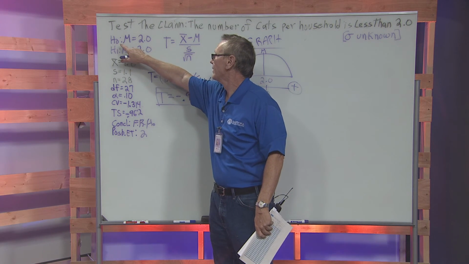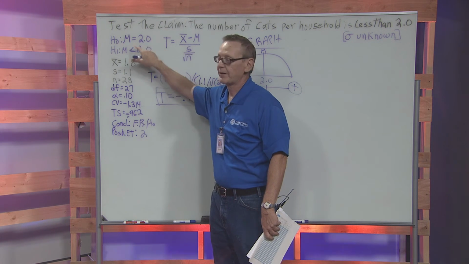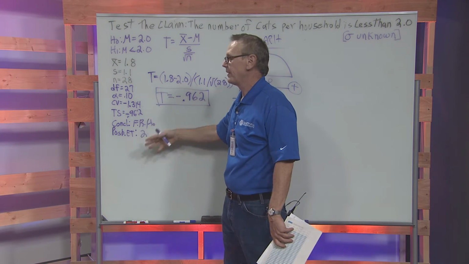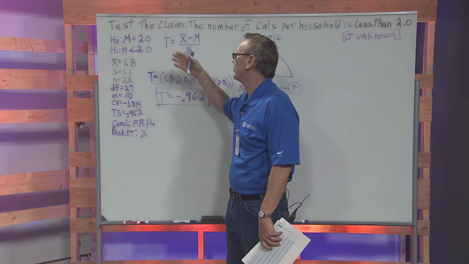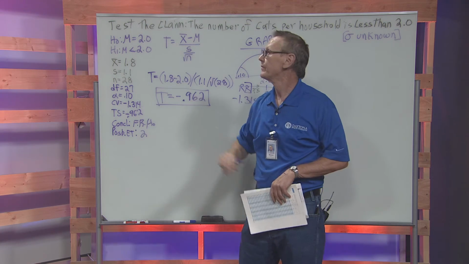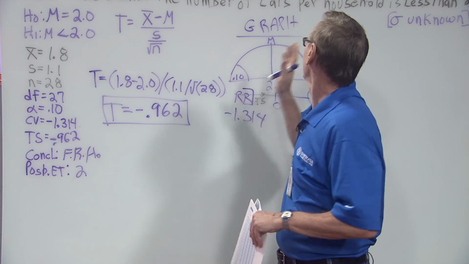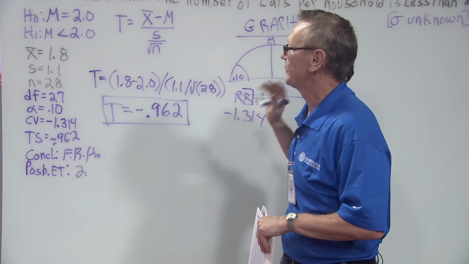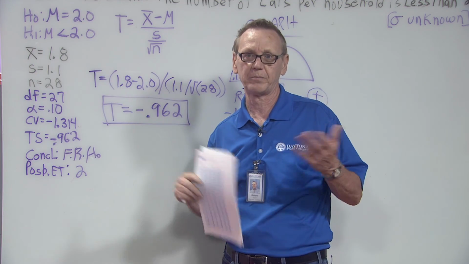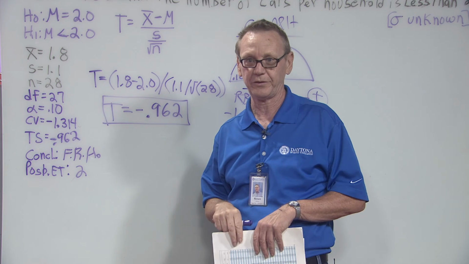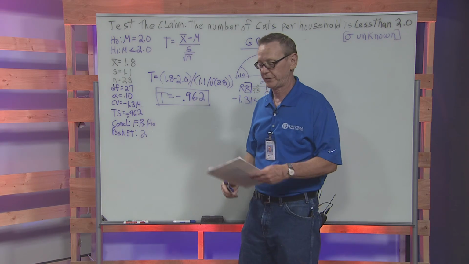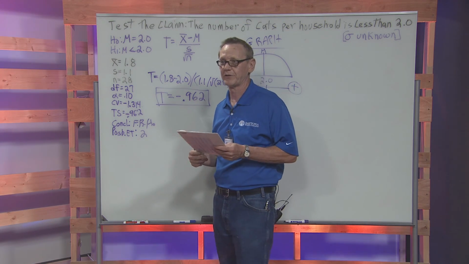The null hypothesis was not rejected, so the survey supports that the number of cats per household is not less than 2.0. It's indicating that it is 2.0. Thank you very much. This is a traditional hypothesis test method.